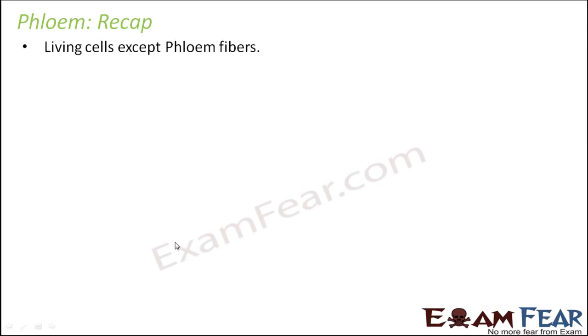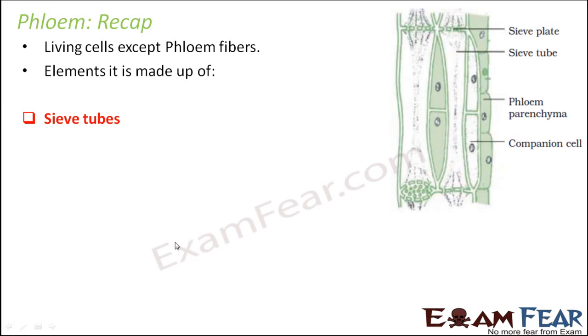Before we talk about the transport mechanism of phloem, let us quickly have a recap on the structure of phloem. Unlike xylem, most of the phloem cells are living except phloem fibers. Let us see what are the different elements which together make up the phloem. We have sieve tubes, which are tubular structures.